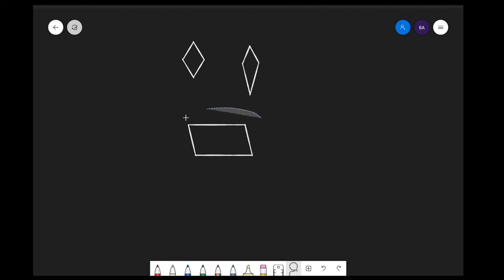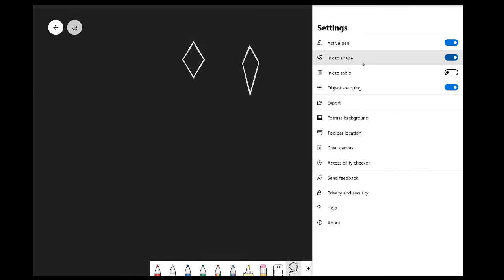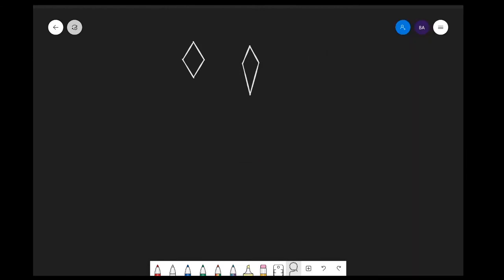Okay, we'll turn that off. So, any kind of random shape can also be a quadrilateral. So that line should be straight.